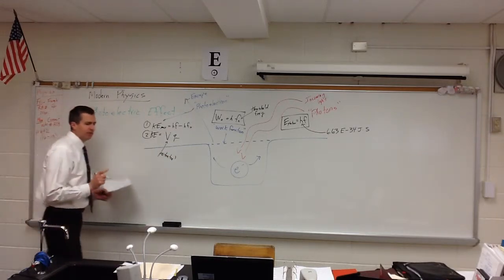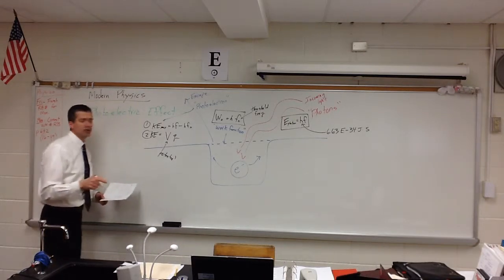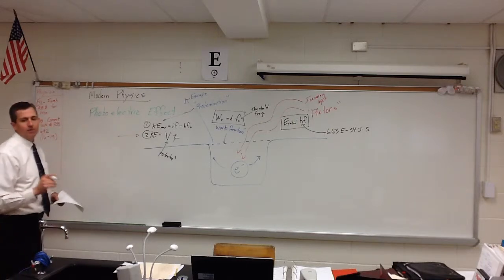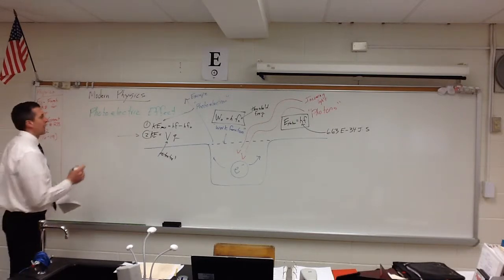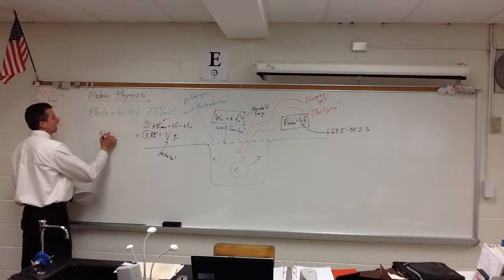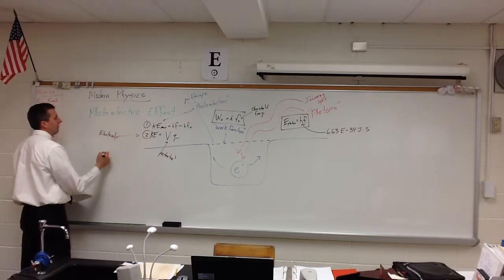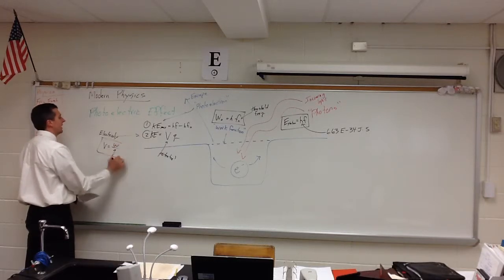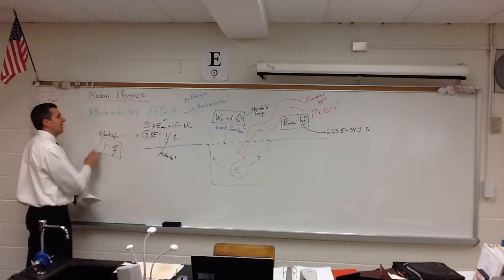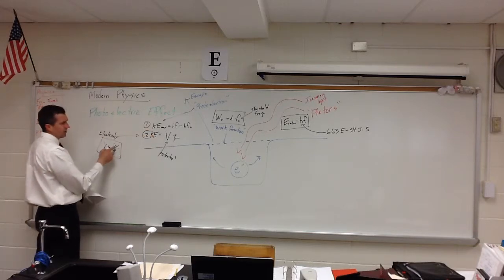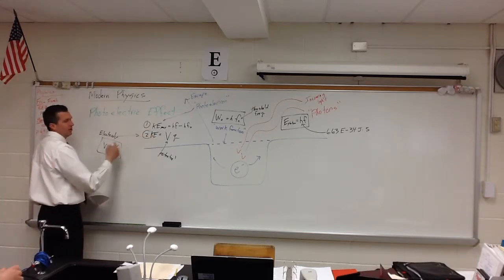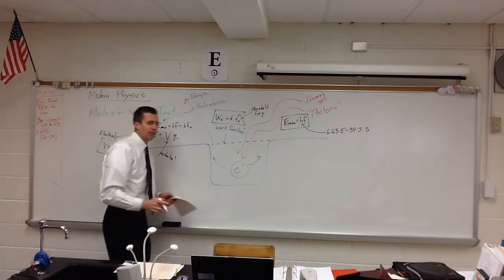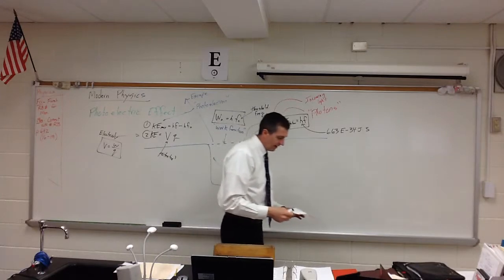Now the odd thing about this too, is in your reference table, it's not going to show up in the modern section, it's actually going to show up in the electricity section of your reference table, and it's written V is W over q, and I think you might remember using it in that section, but now they just kind of rearranged it because remember W means work and energy are the same thing in physics, so they rearranged it and they used it specifically for this situation with Eddie the electron.